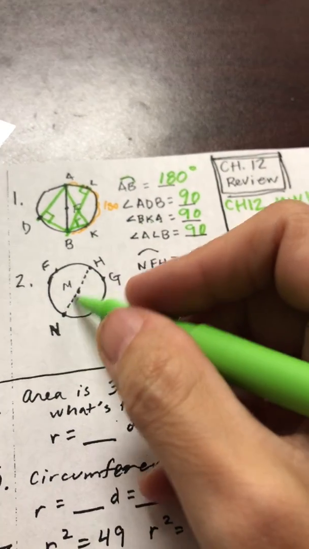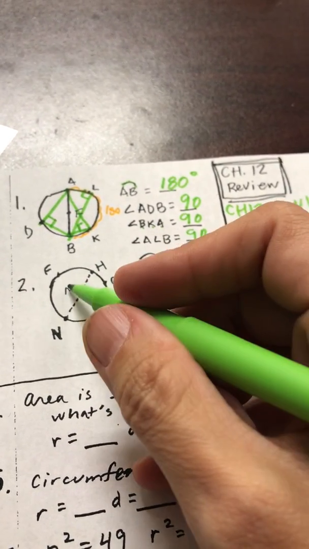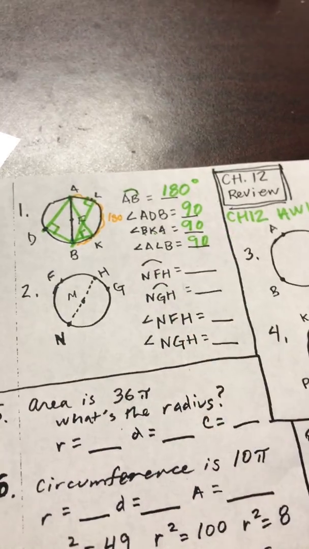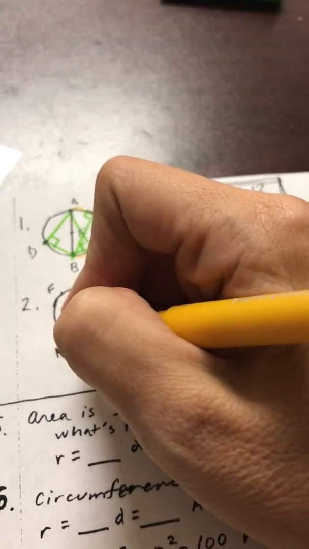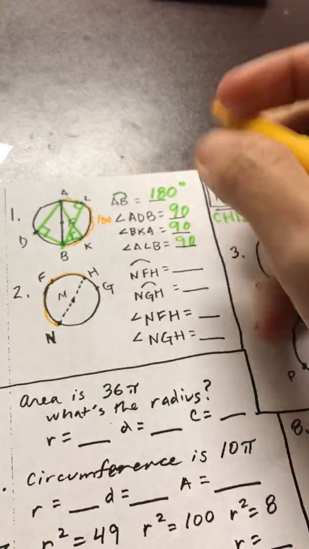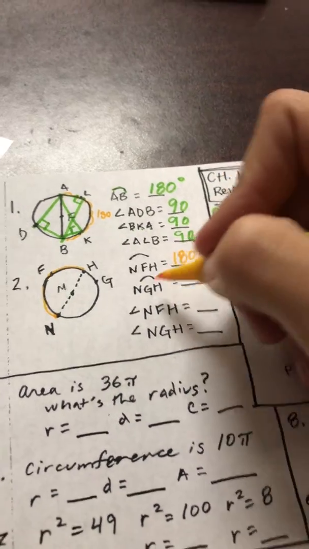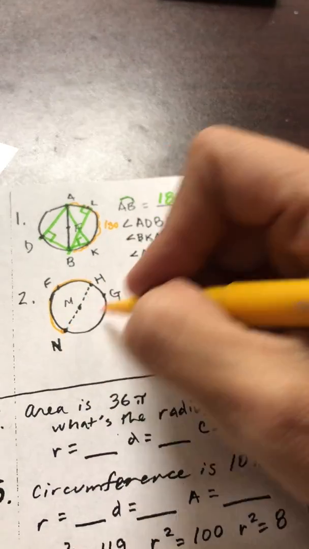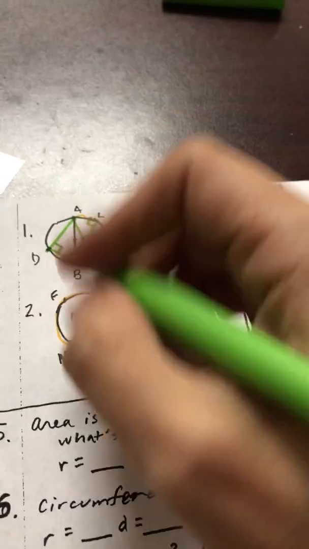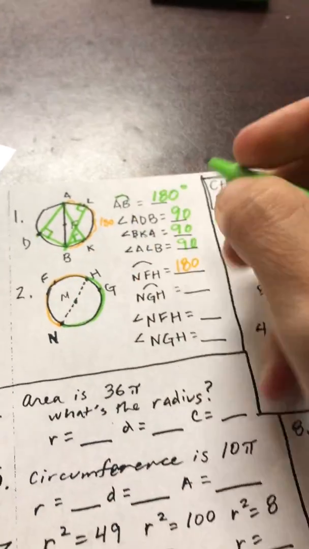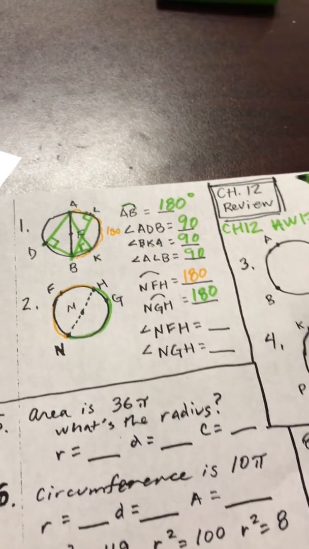Okay, next question, definitely a diameter because it's going through the middle. NFH, not fooling me, it's 180, right? NGH, still not fooling me, that's still 180.